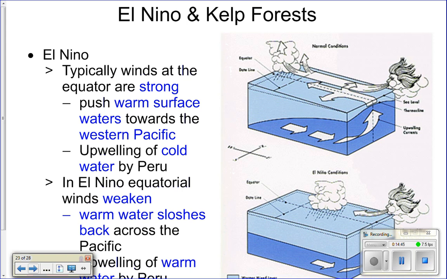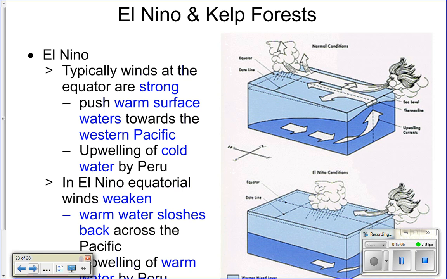Let me explain what happens in an El Nino event, and then we can talk about why that affects kelp forests. Okay. So remember, we have winds that get formed in the atmosphere by the uneven heating of the earth by the sun, and you get these big strong winds, particularly at the equator. The trade winds are the most constant winds on earth.